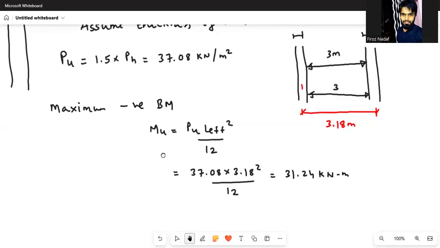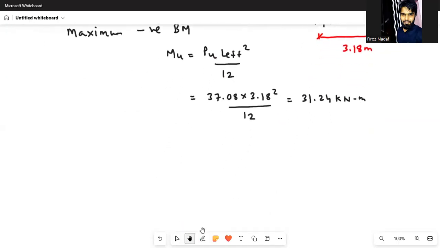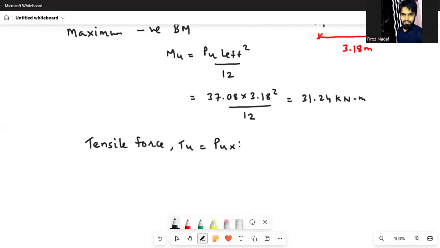See, within the side wall, you have bending moment, and you also have direct tension. Because of the lateral pressure, there will be tension in the wall. That tension also you need to find. Okay, so tensile force Tu equal to Pu into L effective divided by 2.